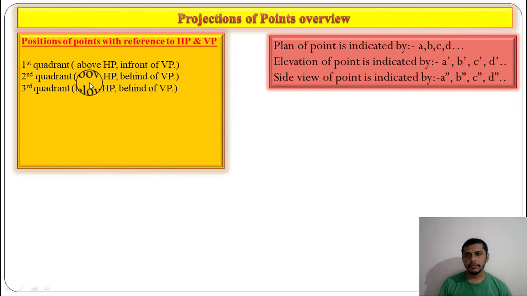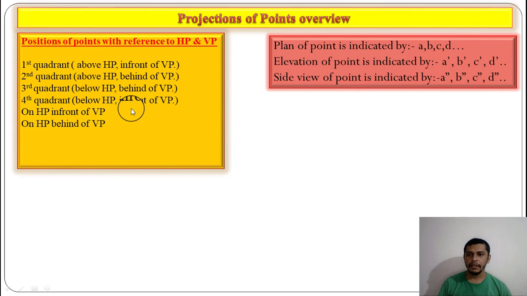Third quadrant: the point is below HP and behind VP. Fourth quadrant: the point is below HP and in front of VP. Then on HP and in front of VP, that means the point is on the horizontal plane and in front of the vertical plane. Then on HP and behind VP.